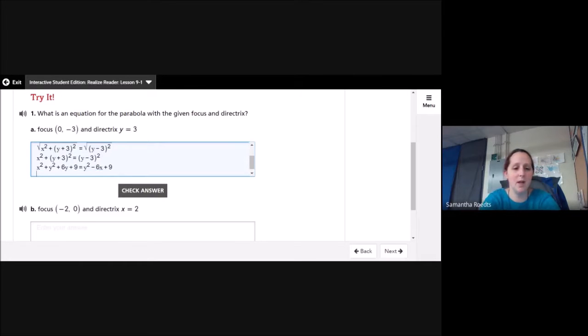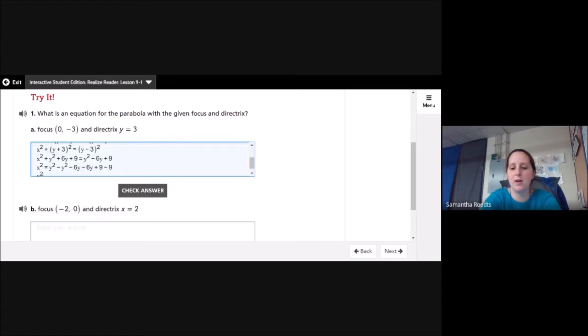I'm going to move all my x values to one side and all my y values to the other side. Oh, that's supposed to be y, not an x. There we go. So I have x squared equals y squared minus y squared, minus 6y minus 6y, plus 9 minus 9.